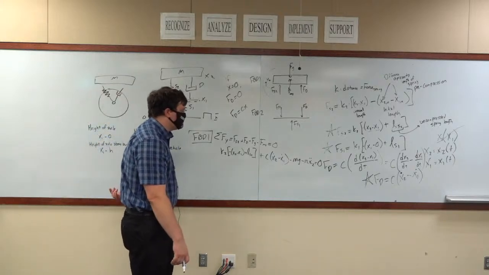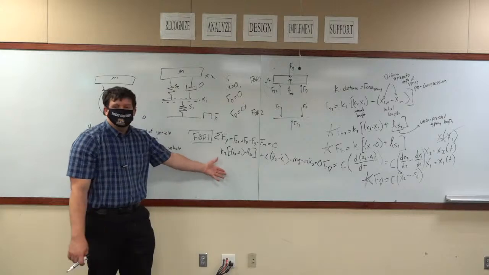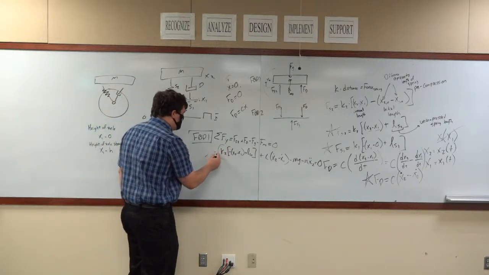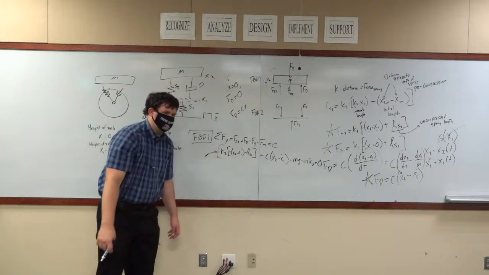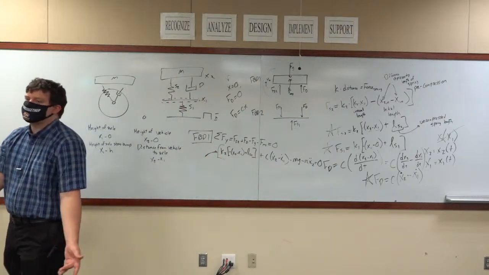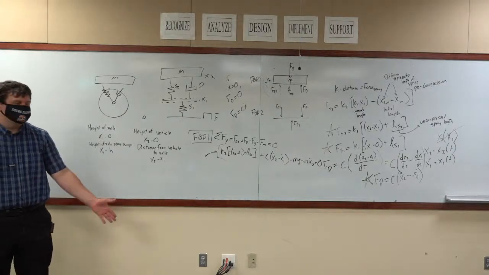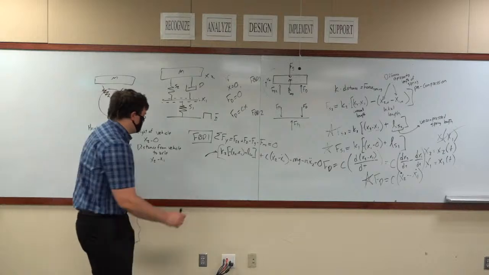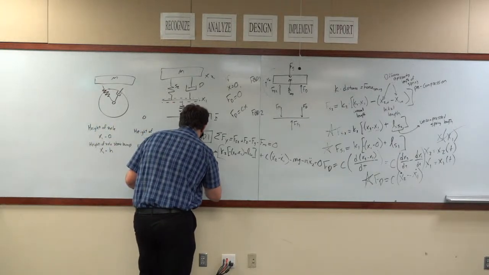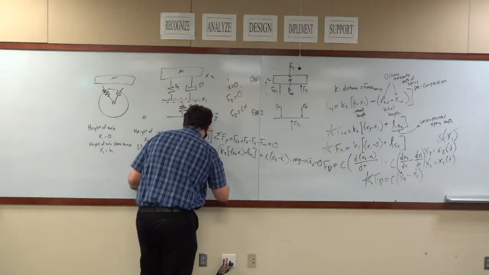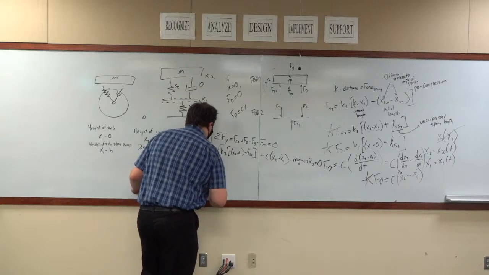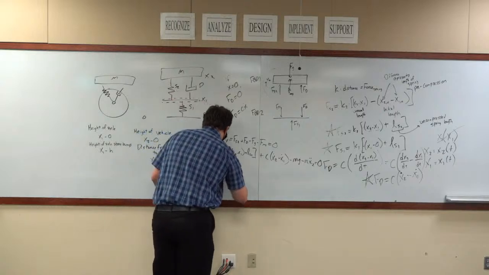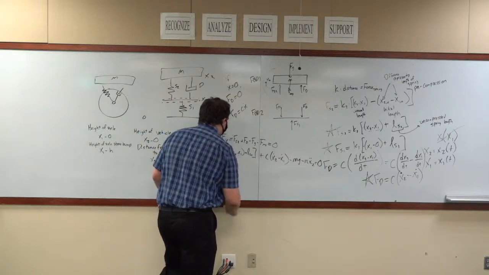We'll talk about how to solve this later, but this is the equation. If your question is to derive the equation of motion for the system, that's it. All right, but now we can go to free body diagram 2, because this is only half of the system. Sum of the force in the y direction is equal to what?